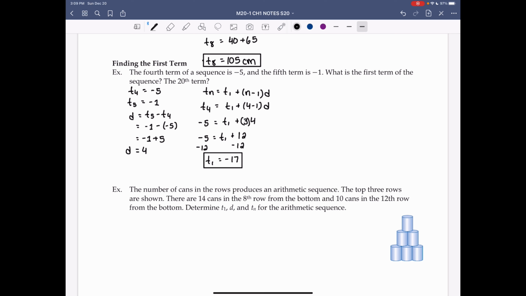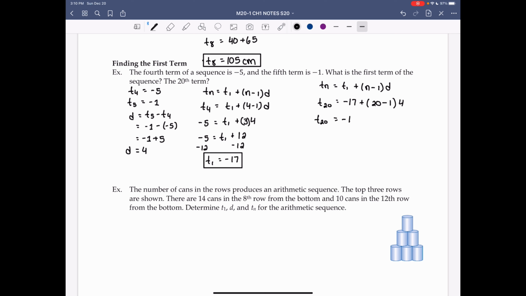So we're now going to use the general term with T1. So Tn equals T1 plus n minus 1 times d. We're looking for T20. Our T1 is -17 plus n is 20 minus 1 times d, which is 4. And start to calculate.